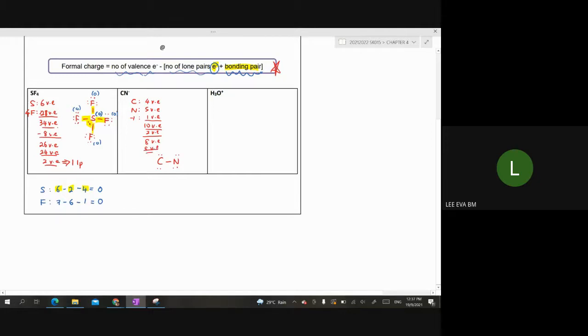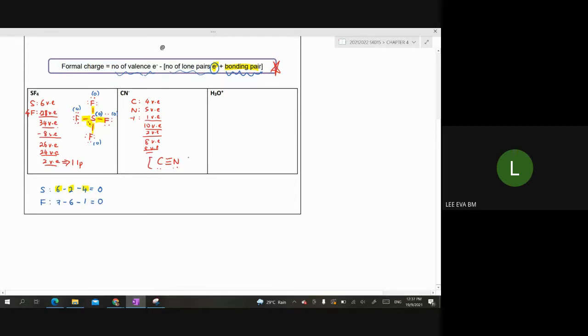But the carbon and nitrogen are not yet octet. Therefore, you have to make multiple bonds. Borrow one lone pair from carbon to make a double bond, and borrow another lone pair from nitrogen to make a triple bond. Now checking the Lewis structure, carbon has an octet of 8 electrons, and nitrogen also has an octet.